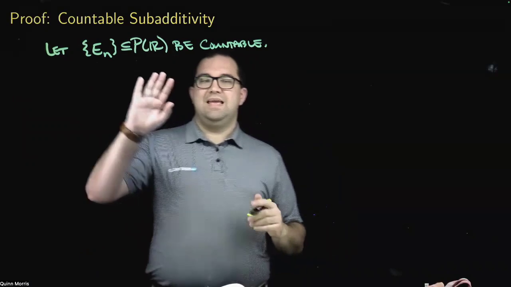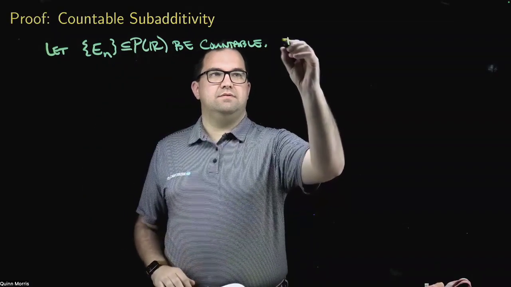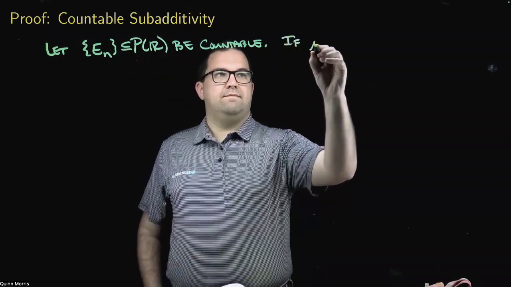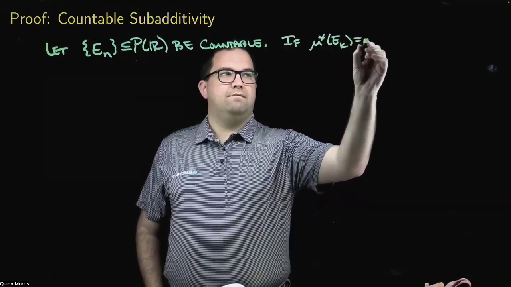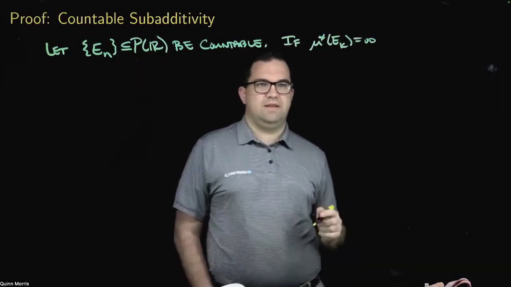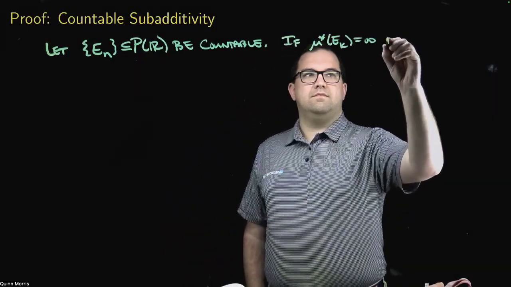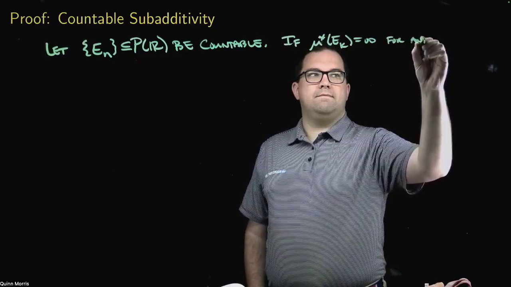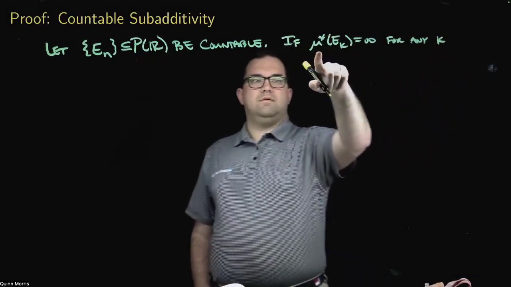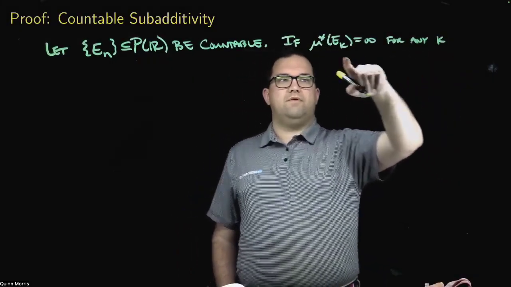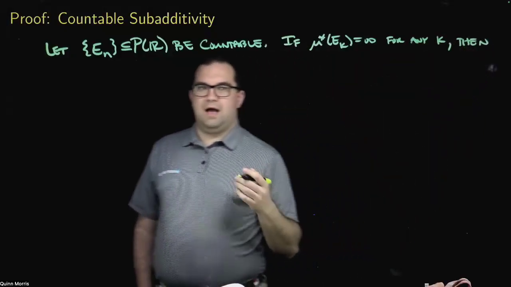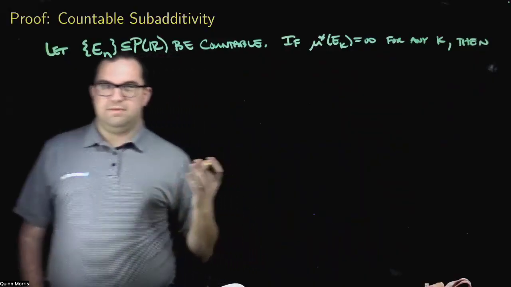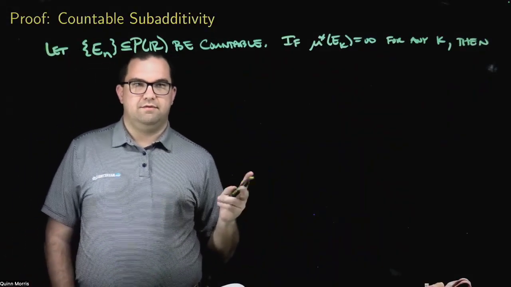If any one of these sets has outer measure equal to infinity, so for any k, if mu star of E_k is infinite, well, then our claim holds trivially, right?